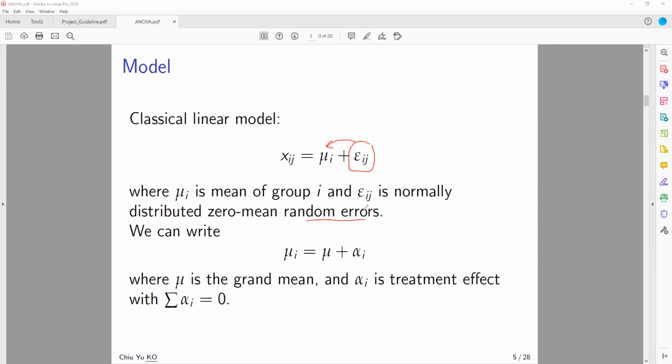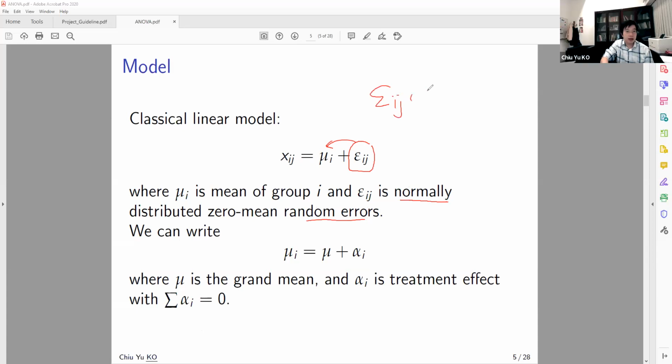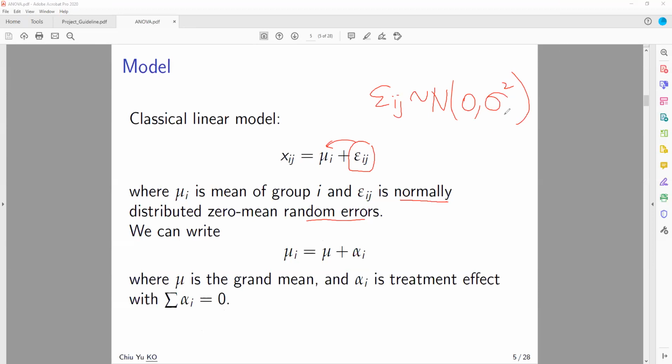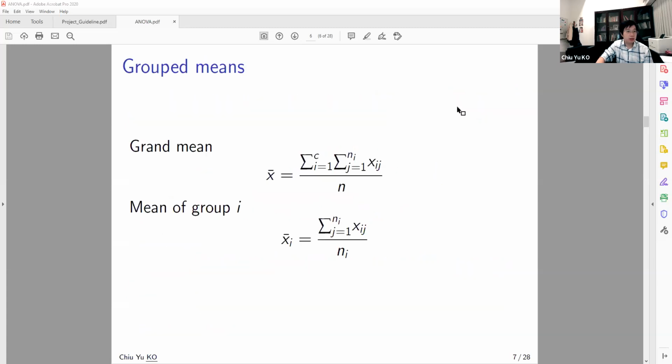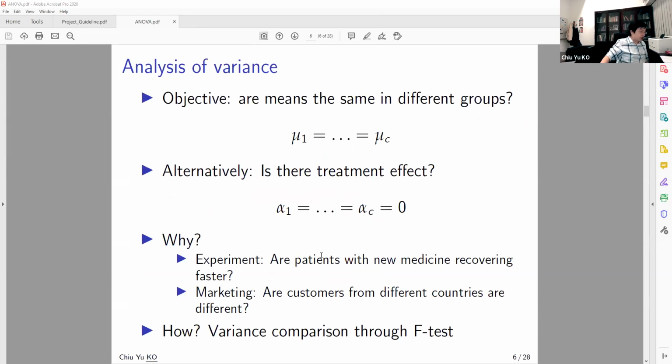The error term has a normal distribution with mean 0 and some sigma squared. But I guess we don't need to go to the assumption part because this will be beyond the scope of our session today. But you just need to know that's what we're going to check.